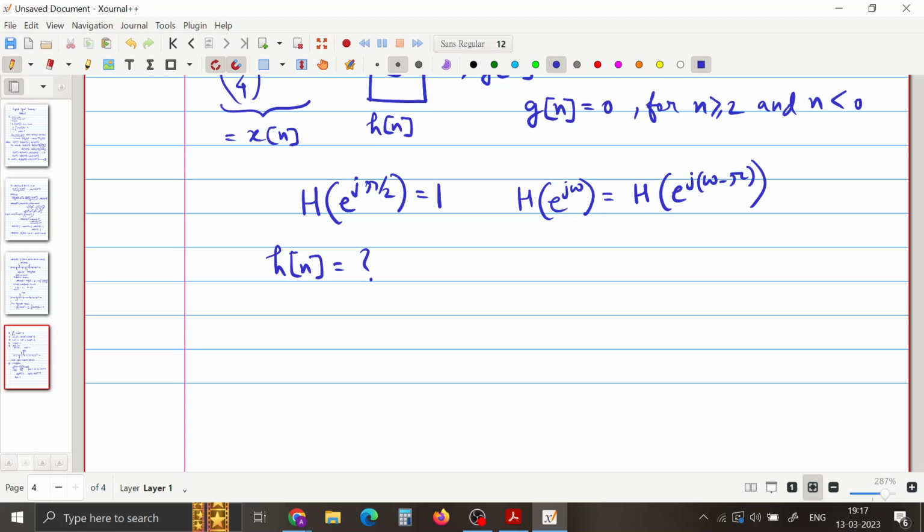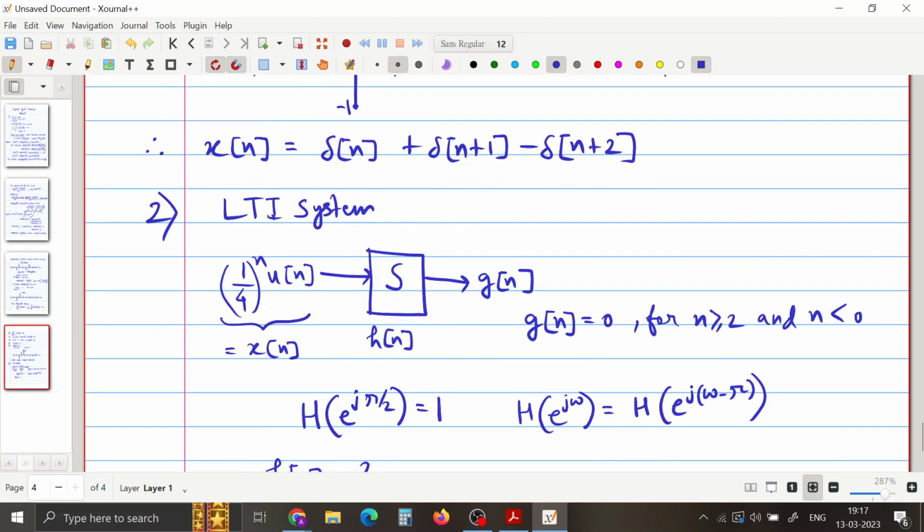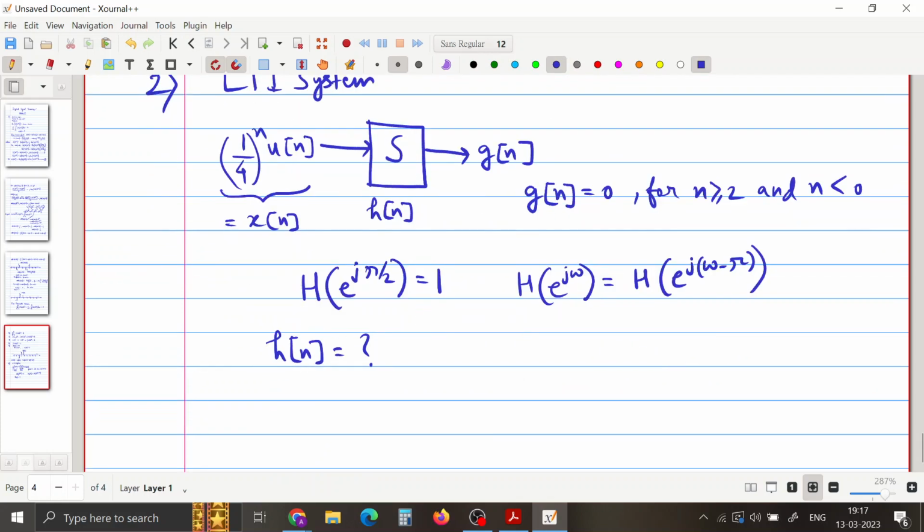Since we are dealing with frequency response, we know in general the output in time domain of an LTI system is given by the convolution of the input and the impulse response. And by property, convolution in the time domain translates to multiplication in the frequency domain.